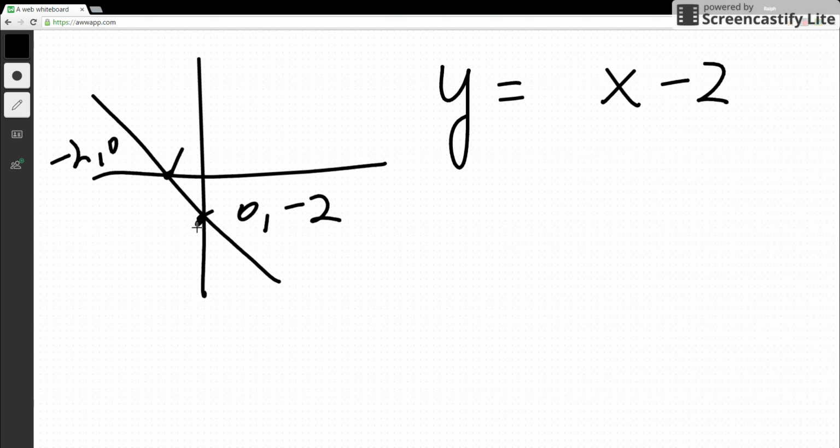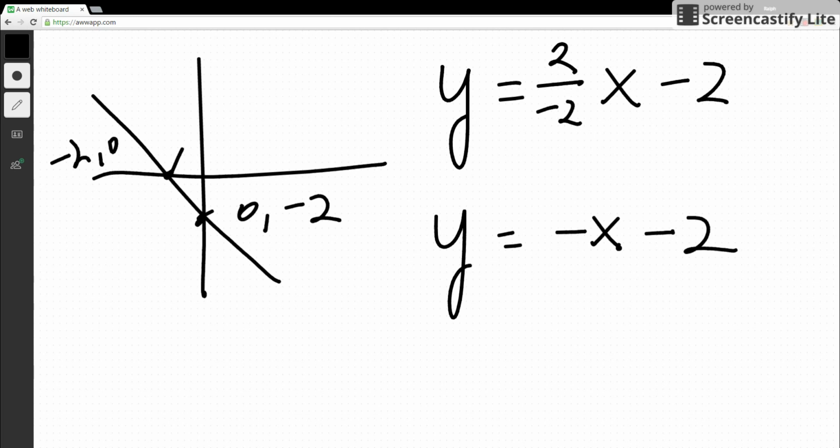I'd go up 2, back 2. So my actual equation is that.